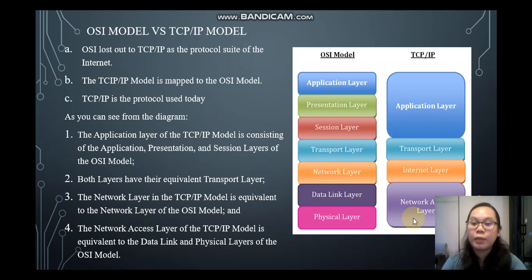As you can see from the diagram, the application layer of the TCP/IP model consists of the application, presentation, and session layers of the OSI model. Both have an equivalent transport layer. The network layer of the TCP/IP model is equivalent to the network layer of the OSI model. And the network access layer of the TCP/IP model is equivalent to the data link and physical layers of the OSI model.